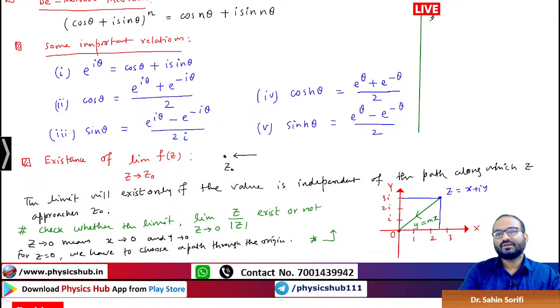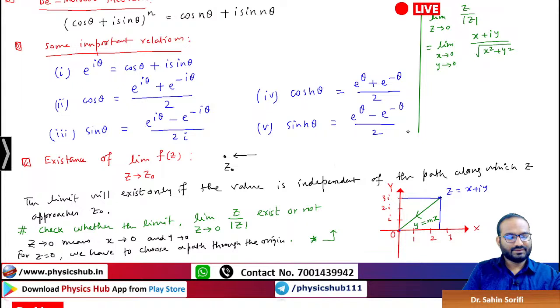So if I take up this path to reach z tends to 0, what result will I get? So z tends to 0 means x tends to 0, y tends to 0. z equals x plus iy, modulus of z is root over x square plus y square. No issue in this.